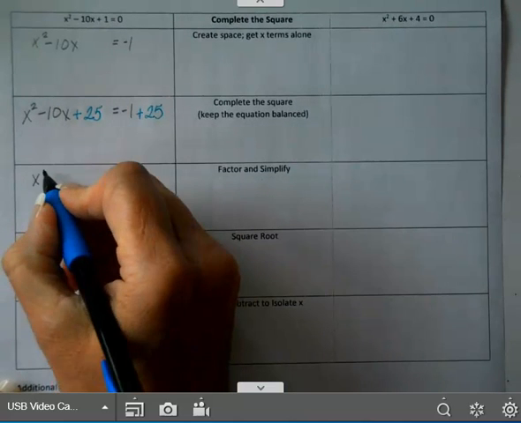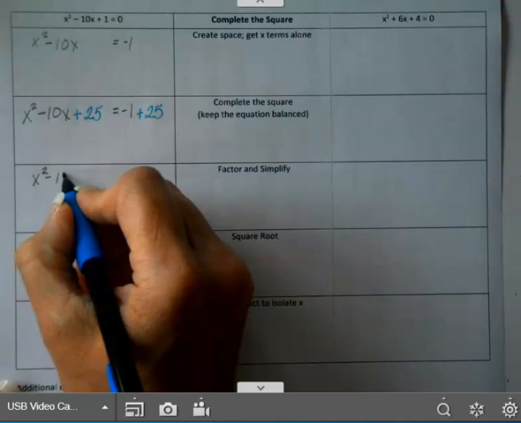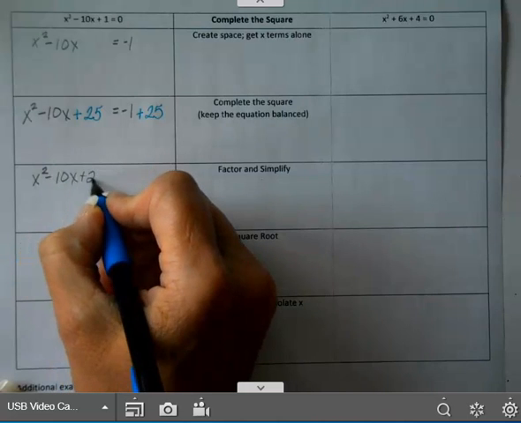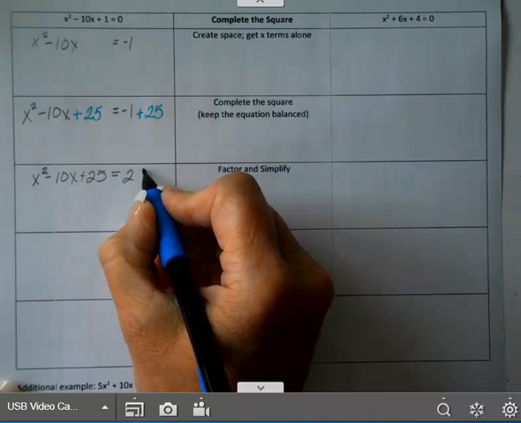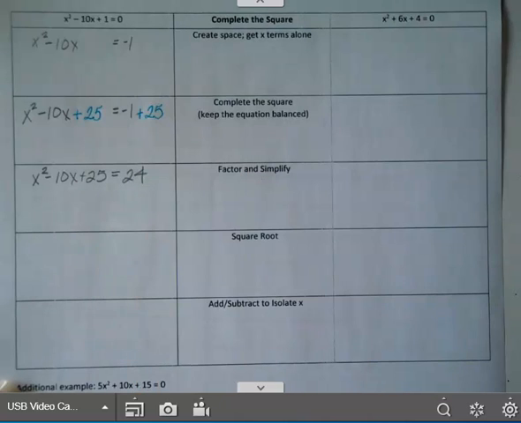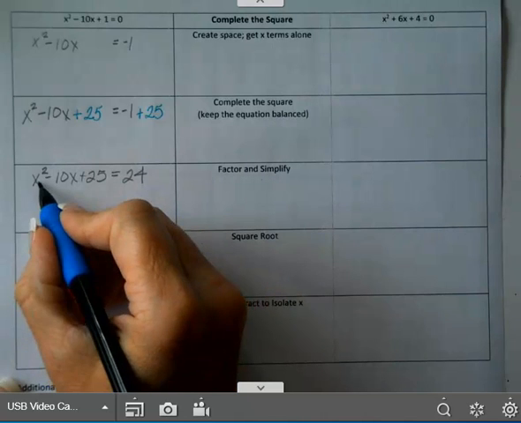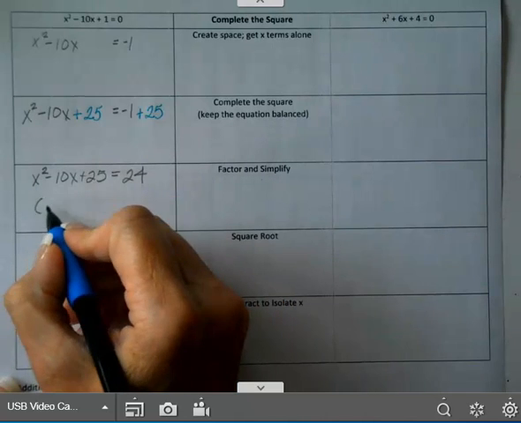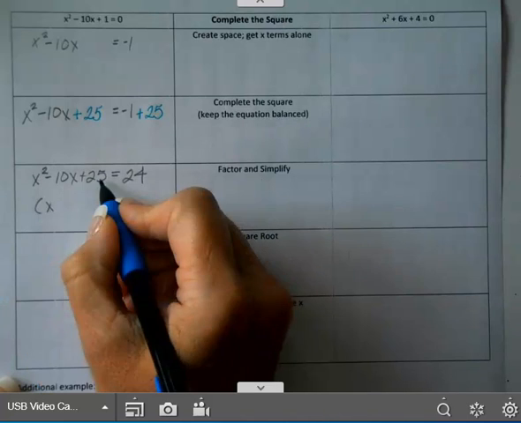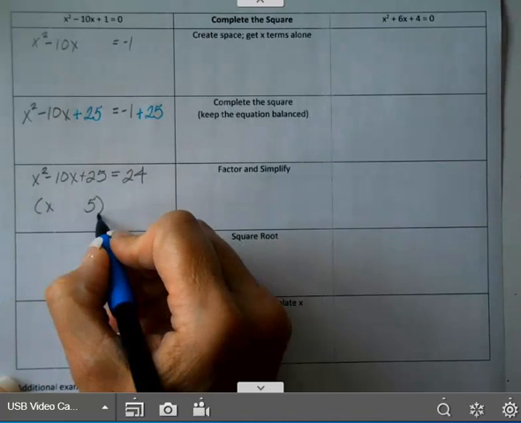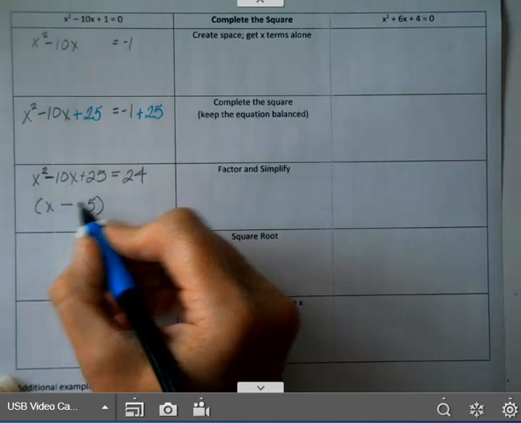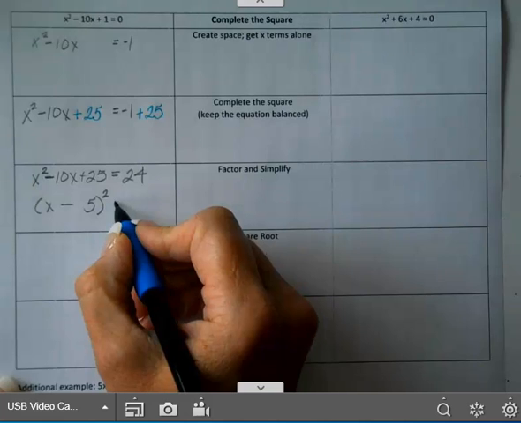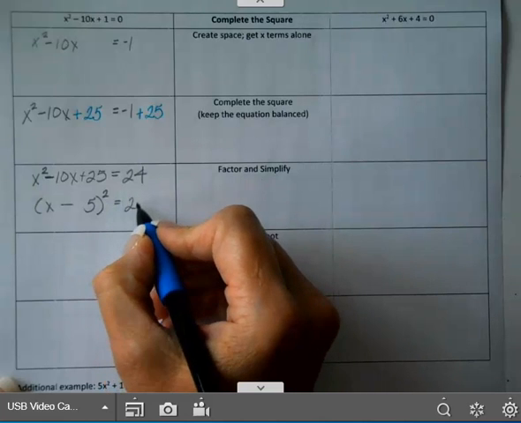This now becomes x squared minus 10x plus 25 equals 24. And I want to factor that. This is a perfect square trinomial. So the square root of x squared is x, the square root of 25 is 5, and the expression has a minus between them, and that's squared, equals 24.